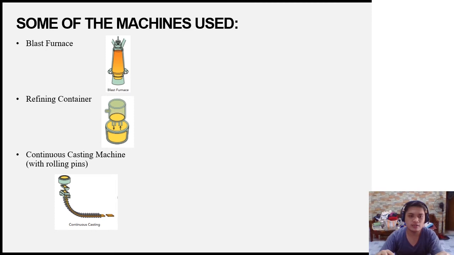Continuous casting machines consist of rolling pins to be able to create a casted form of the raw materials from the refining container.